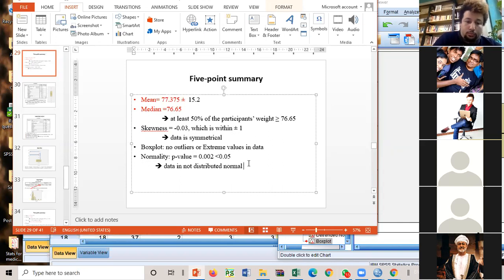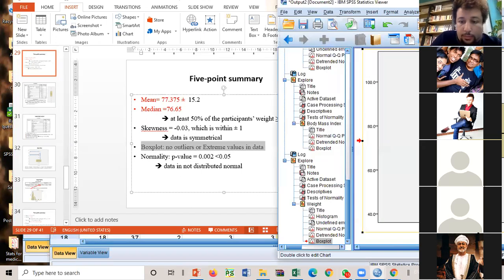Box plot. What is in the box plot? No outliers, no extreme values.